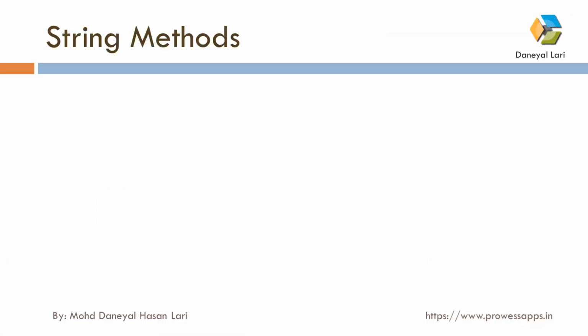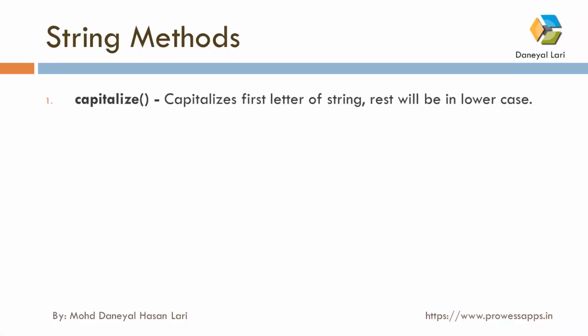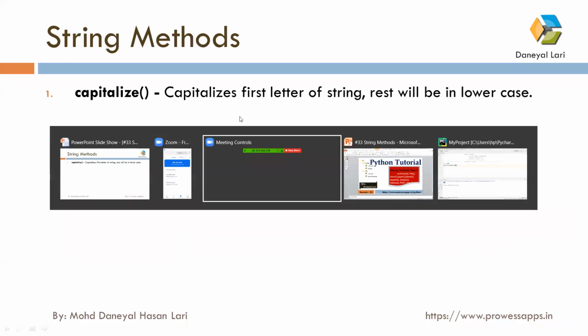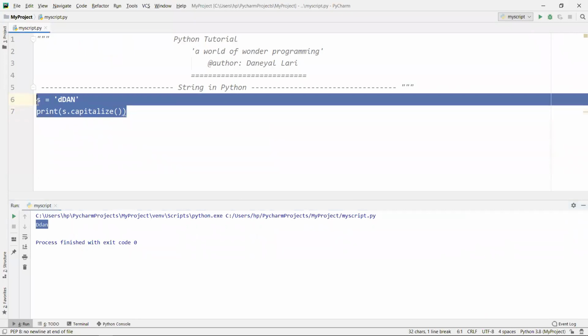So the first method that I'll discuss is called capitalize. Just look at the definition. It capitalizes the first letter, meaning it will convert your string's first letter into capital and the rest will be in lowercase. So let's see with the code.